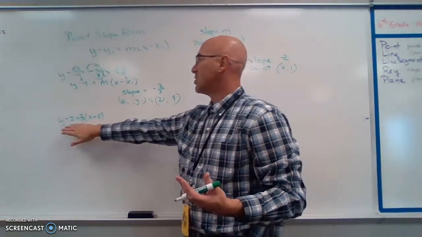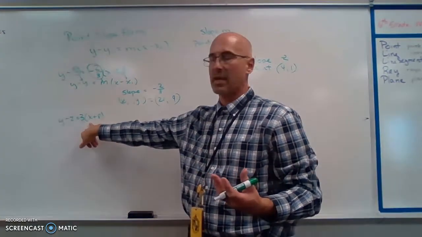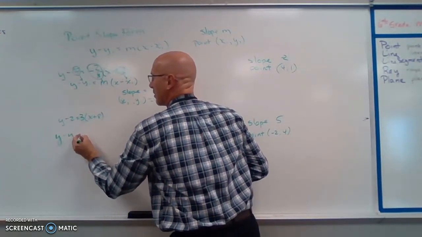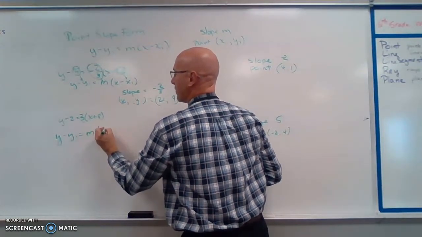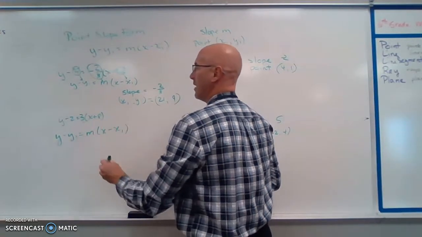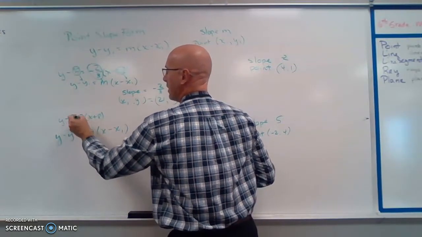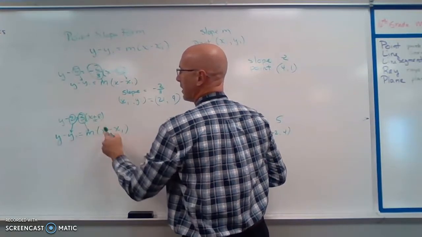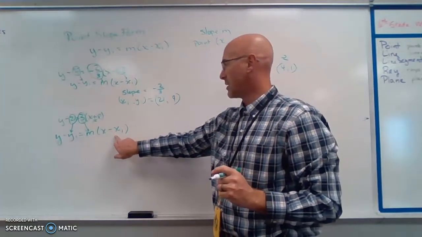Okay, let's do this one. Y minus 2 equals 3 times x plus 8. So we use our general form, y minus y1 equals m times x minus x1. Here the 2 corresponds to the y, and the slope 3 is m. Now we have to be careful here. This says x plus 8, and this is x minus x1.